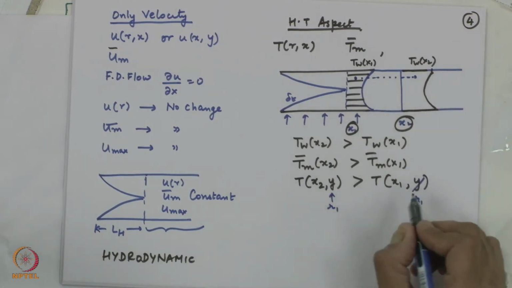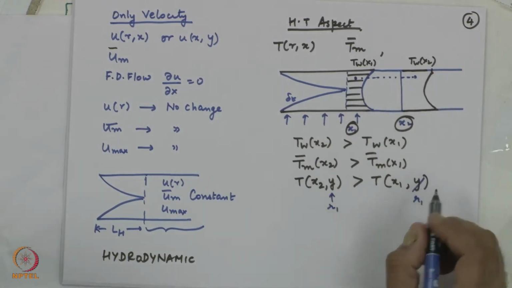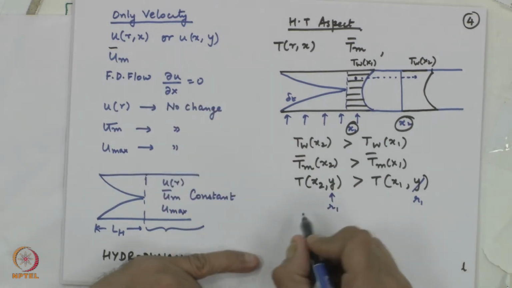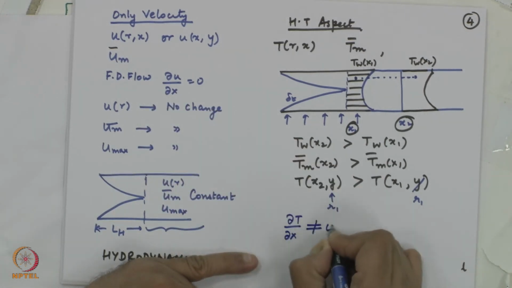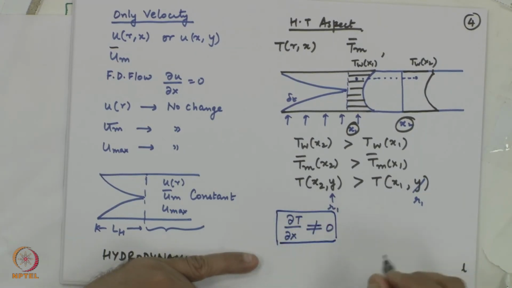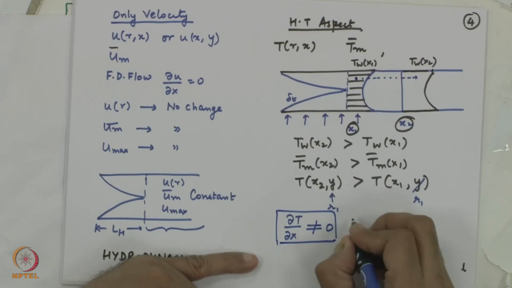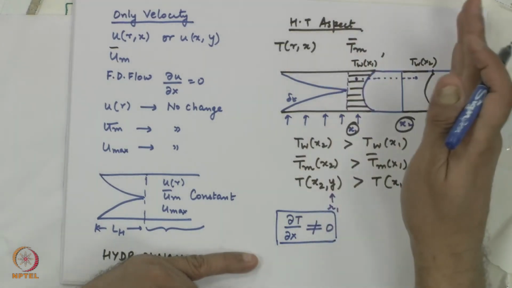So, none of these temperatures are going to be constant. Unlike du by dx equal to 0, we cannot write this; dT by dx is not equal to 0, obviously, because temperature is changing.